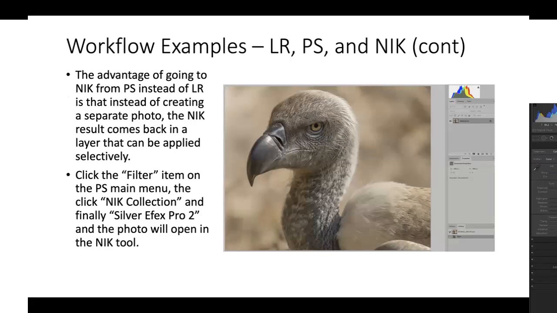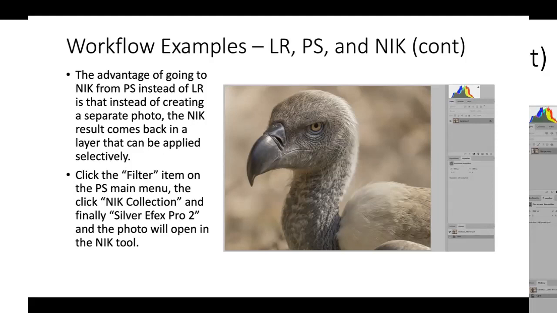Once I had the balance, I didn't need to do too much that was local to that photo. Whatever I needed to do, I could do in Lightroom, but really it didn't require it. On this one, I knew I was going to have to make some local adjustments, and we'll talk about what in a moment. But the reason for using Photoshop with Nik is that Nik will be a separate layer.